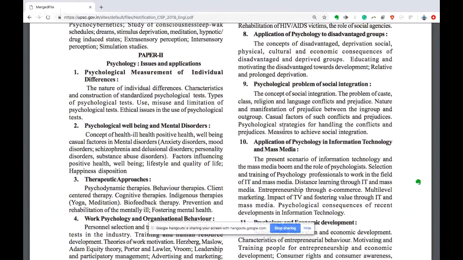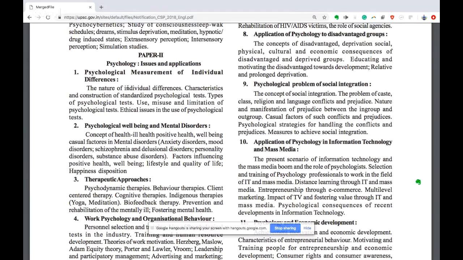I scored the highest in paper 2 in my time, and also overall in psychology, so I can tell you that every paper 2 answer has a similar way of writing, and I'll tell you that in my subsequent videos. For example, the problems of people in the military are almost the same, and the solutions are almost the same as for problems of people under economic deprivation.